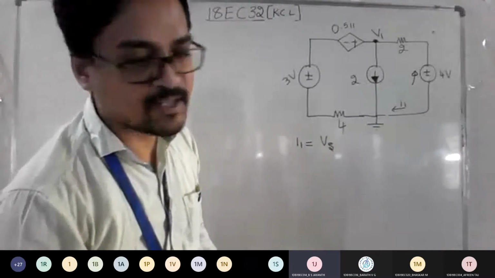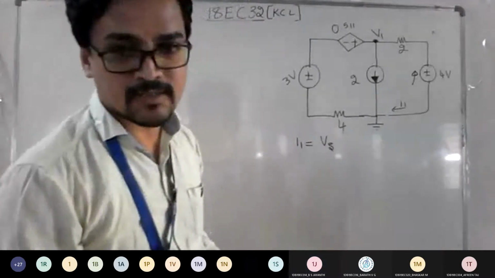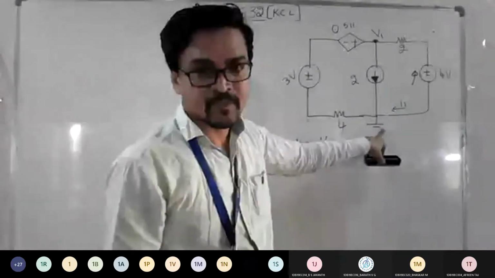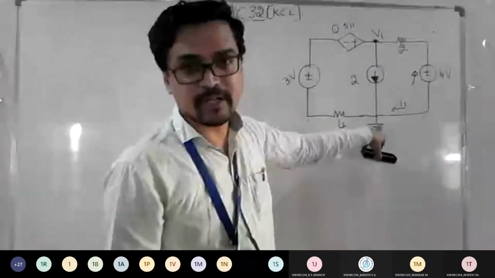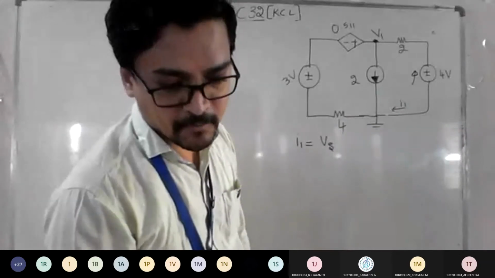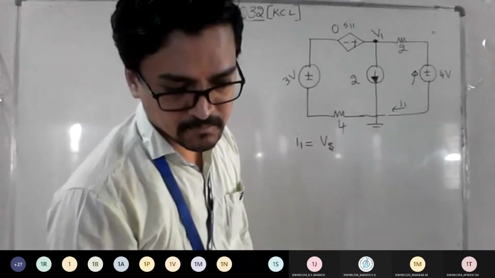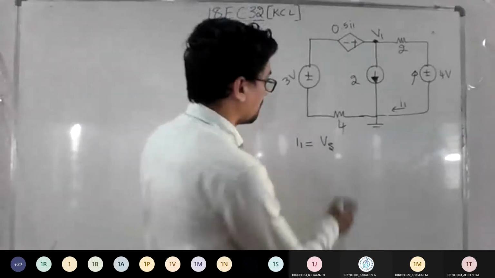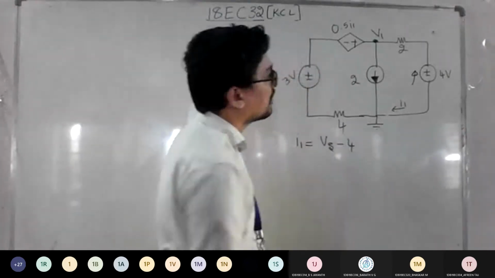You got what I'm asking, right? In the earlier problem it was across some node. Now it is across this ground, and ground is nothing but reference Vs. So +4 or -4? -4.